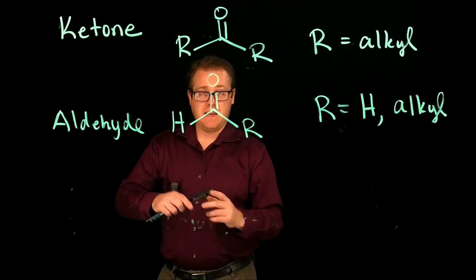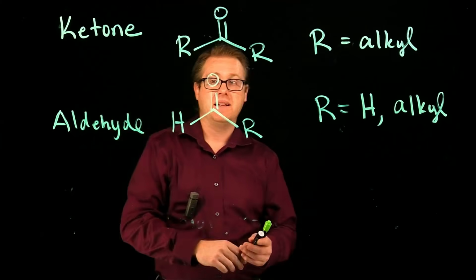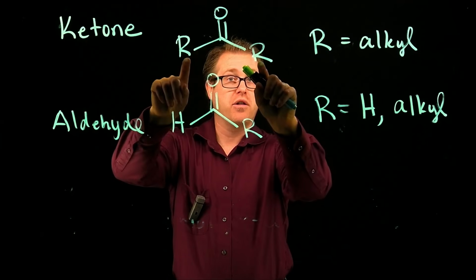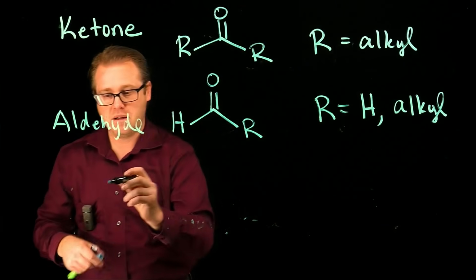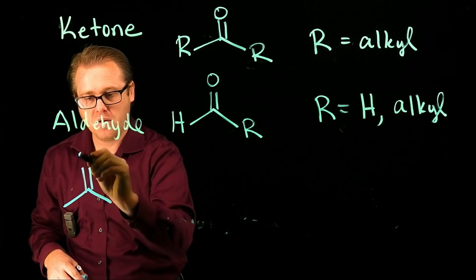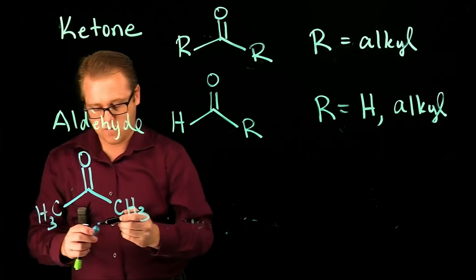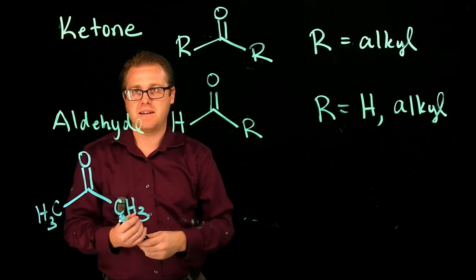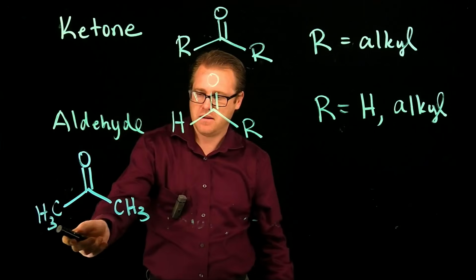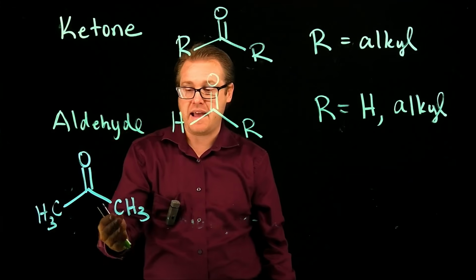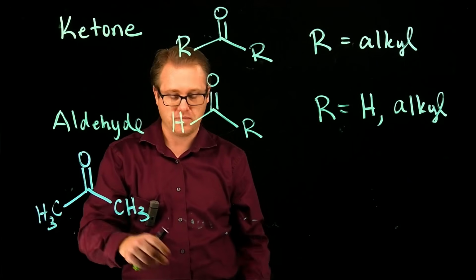So when we take a look at a ketone versus an aldehyde, the major difference is that in a ketone, both R groups are alkyl. If I draw a very simple ketone, acetone, like this, acetone is a solvent that most people have seen as nail polish remover. So that is acetone, and that is a ketone, because both R groups are alkyl.